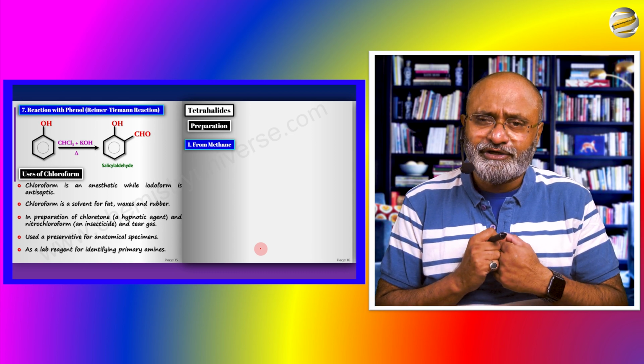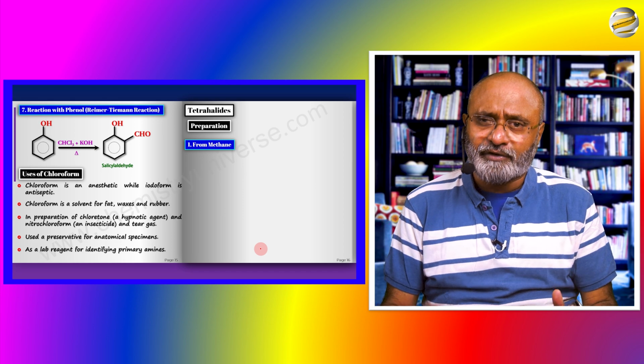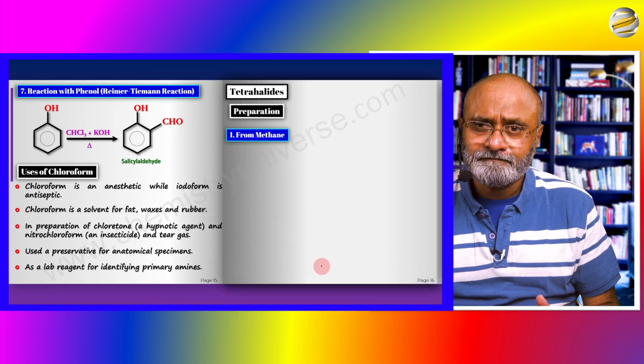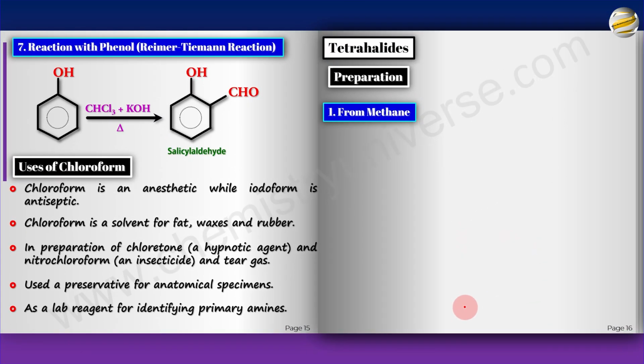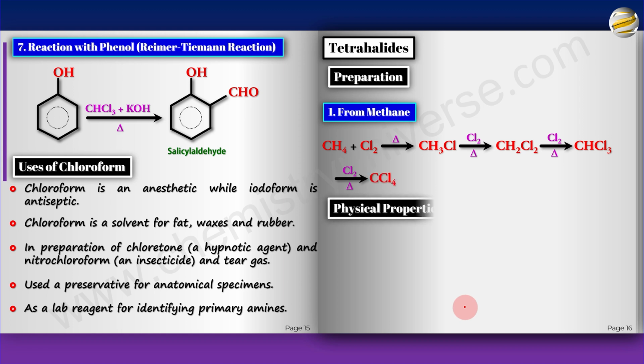So you just halogenate all the hydrogens by using excess of chlorine. That will work. All right. So you have methane, chlorine, methyl chloride, then again another chlorine, the third one, the fourth one.